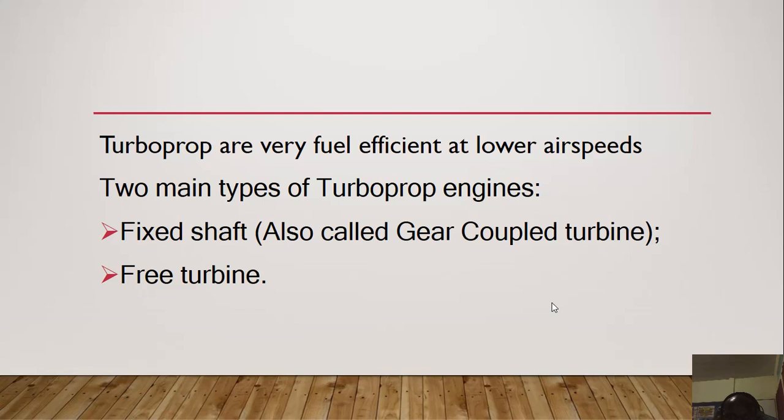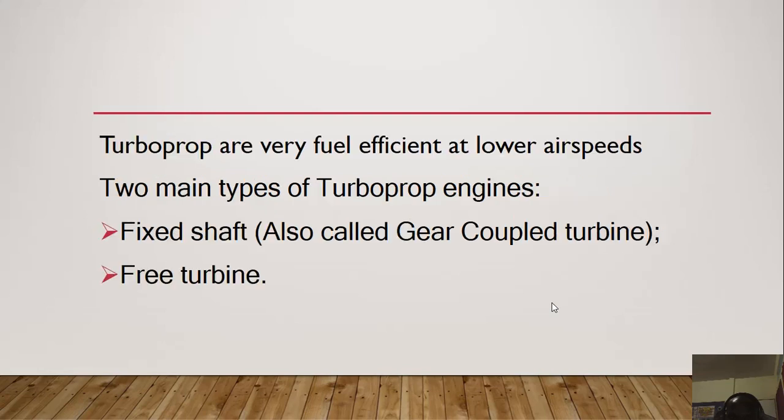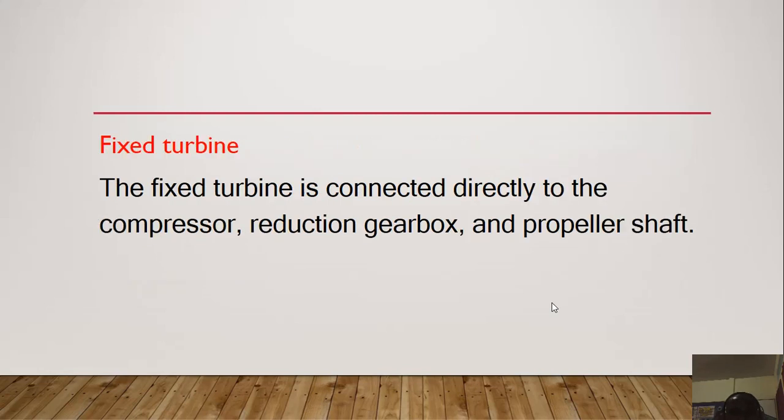Two main types of turboprop engines: we have a fixed shaft, also called a gear coupled turbine, and the free turbine. The fixed turbine is connected directly to the compressor, reduction gearbox, and propeller shaft.